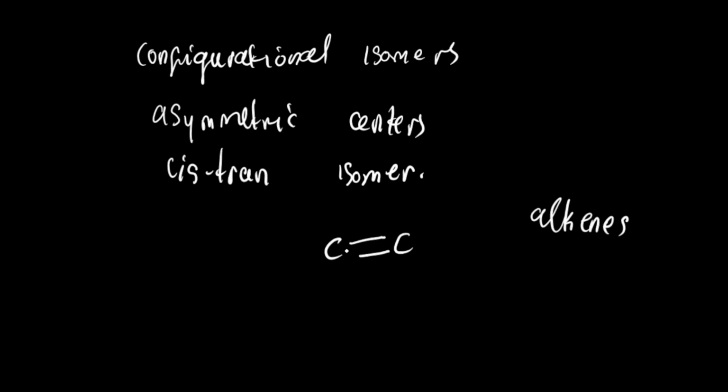Remember when we're talking about conformational isomers as a result of carbon-carbon single bonds, we said that the carbon-carbon single bond allows for rotation, and since it allows for rotation, we could have different spatial arrangements. However, the carbon-carbon double bond prevents any form of rotation.